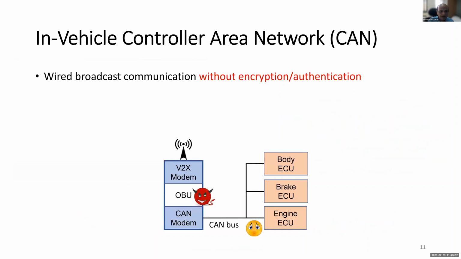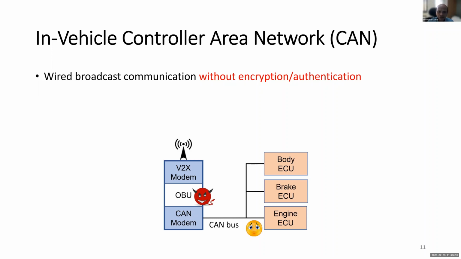Okay, so now let me tell you the reason why this attack happens. So we have this V2X modem. We have the onboard telematics unit, the OBU, and it has two interfaces. One is to the outside world, which is through this vehicle-to-everything modem.